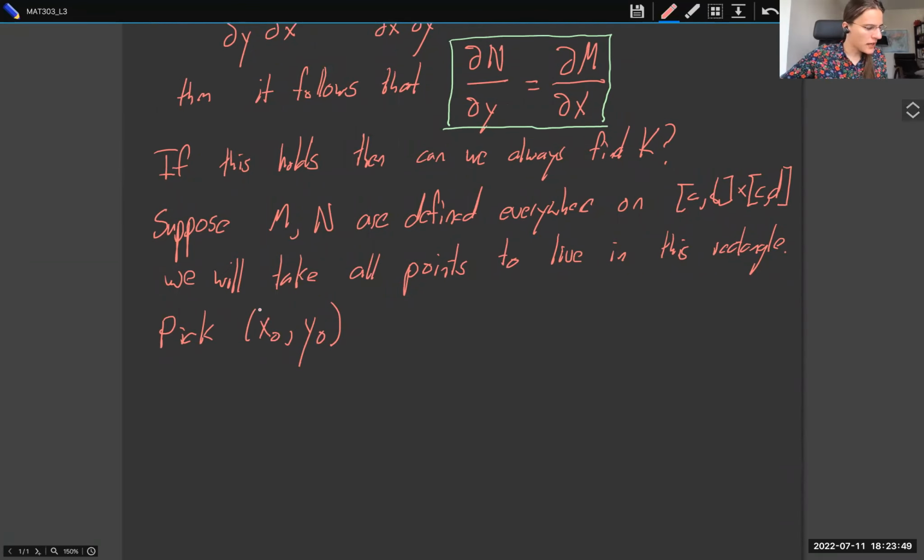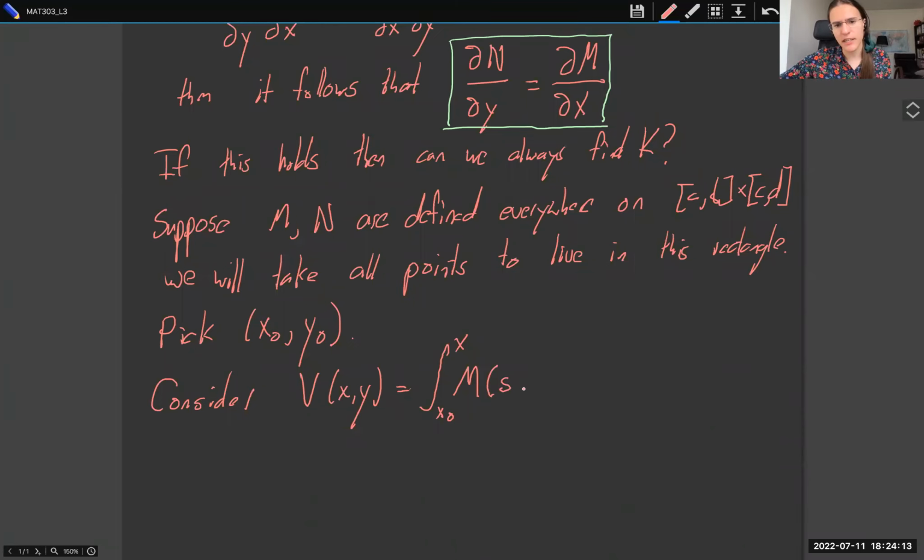Then what I'm going to do is consider the function v of x, y, which is the integral from x naught to x of m with respect to s, keeping y fixed. So basically, y is going to be fixed, and then we're going to go from x naught to x.